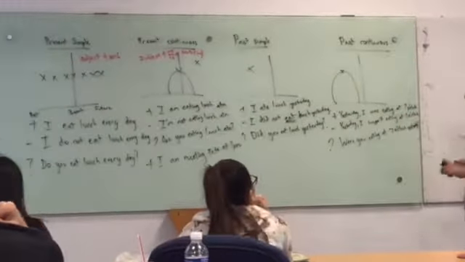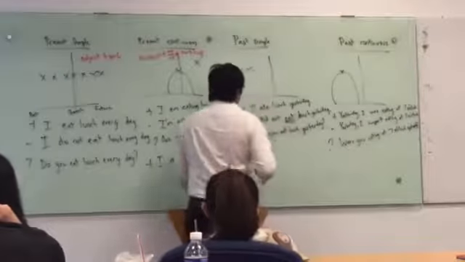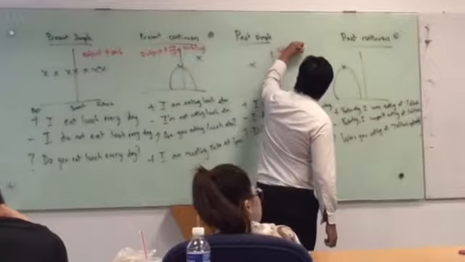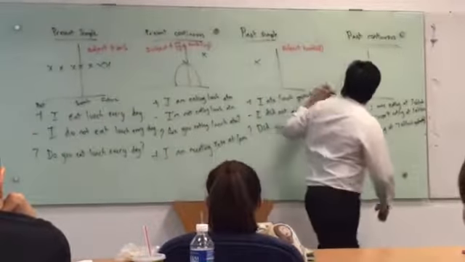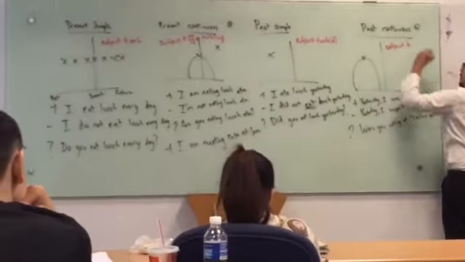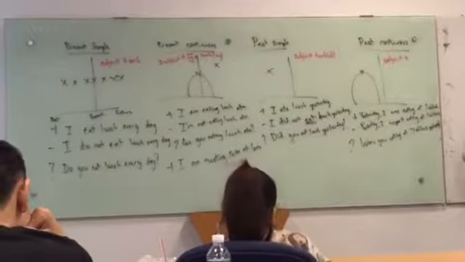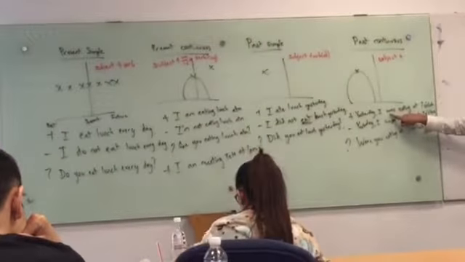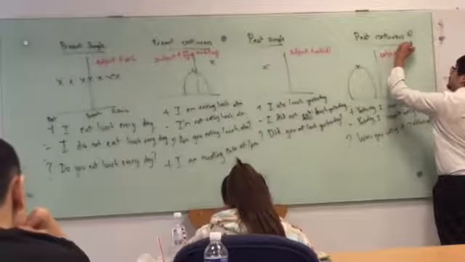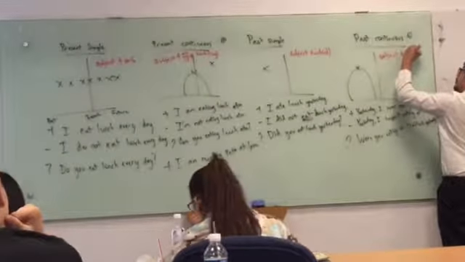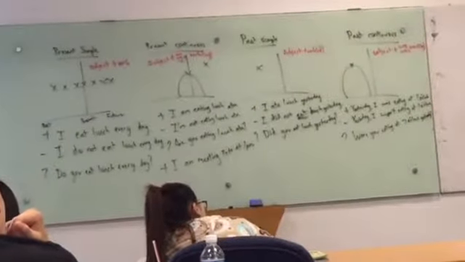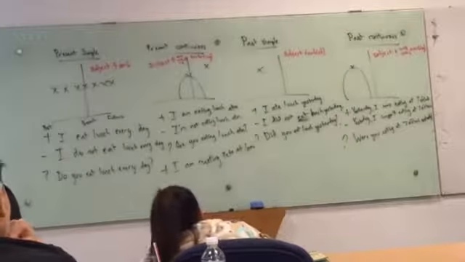Now, this is the subject, past tense form. What do we need to add in between the I and eating? We have to add was or were. Very good. Was or were plus verb ing. Right, magnificent. It looks so beautiful.